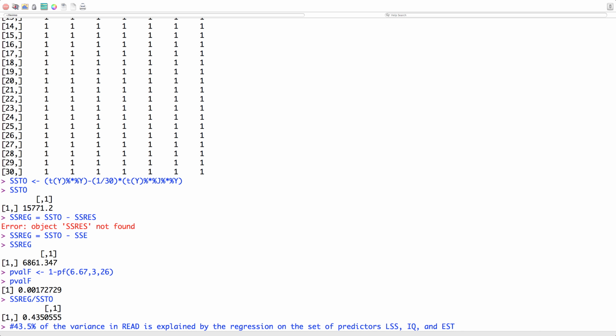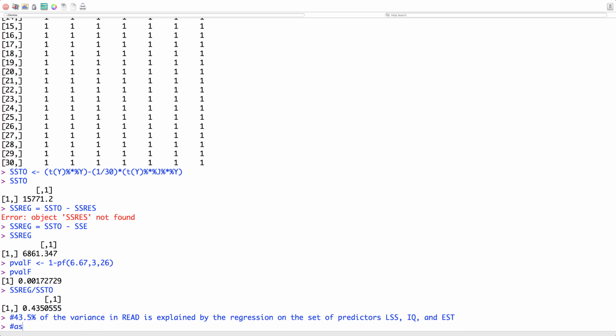Now, we can show that as the set of predictors increases, our r squared tends to be artificially inflated.